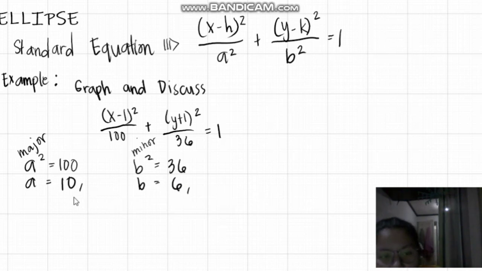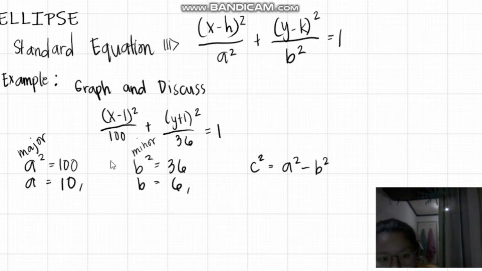Now that we have A and B, we will find C. Although there is no letter C here, of course we will compute it, given A and B. The formula for C is C squared equals A squared, or the major axis, minus the minor axis, or B squared.